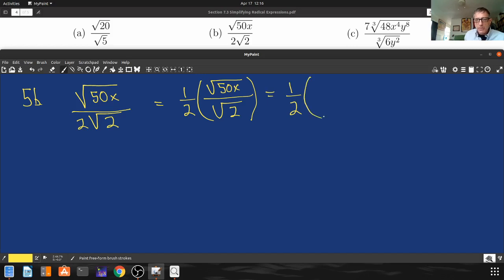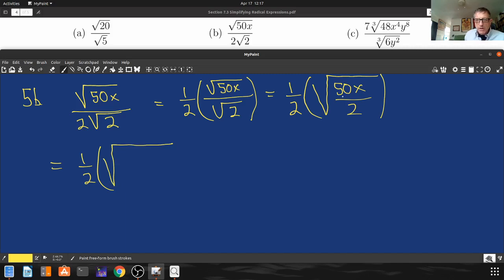So now I'm going to use the quotient rule on what's in parentheses here. And that's going to turn out to be just nice. Because all I'm doing now, I'm coming down here and simplifying. I have 1/2 times the square root of 50x divided by 2 is 25x.